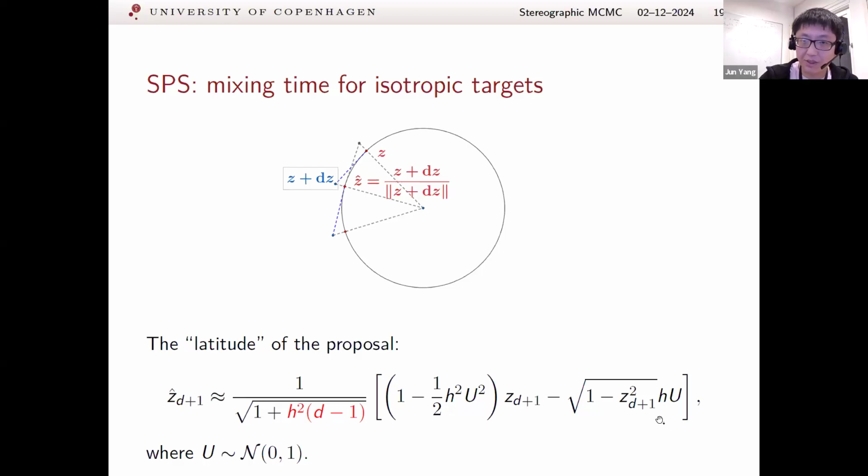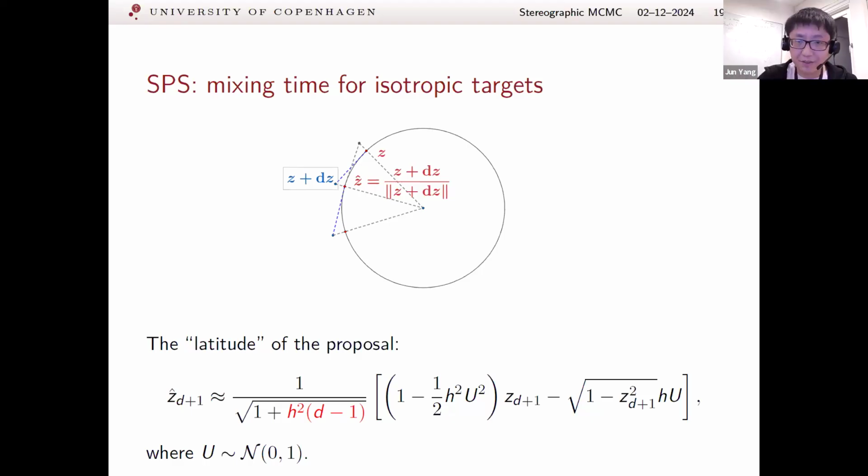So there's no dimension d appearing in this term in the square bracket. So the dimension d only appears in this factor. So you can see for given current latitude, if I increase the dimension, the proposal latitude will decrease, which means in the transient phase, this Markov chain will move to the equator faster in higher dimension.